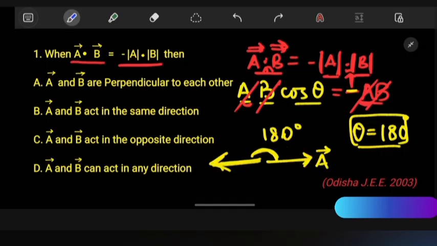So we can say that this is one vector and this is another vector, suppose B vector. They are in opposite directions. So then what? Then the answer will be option C. A vector and B vector act in the opposite direction.